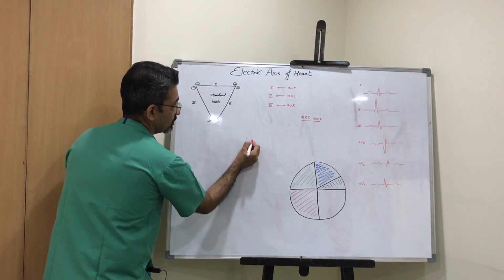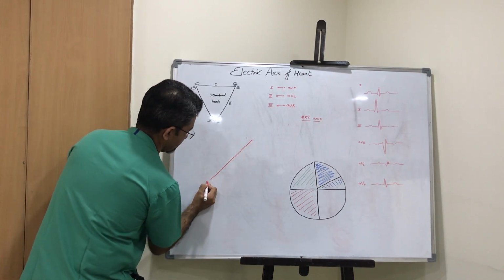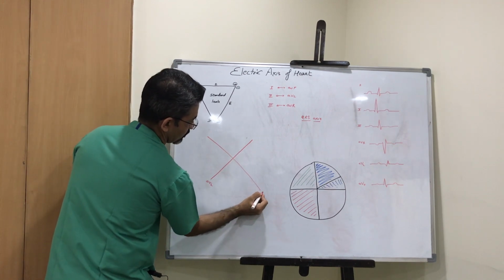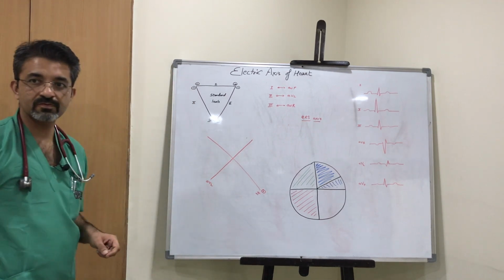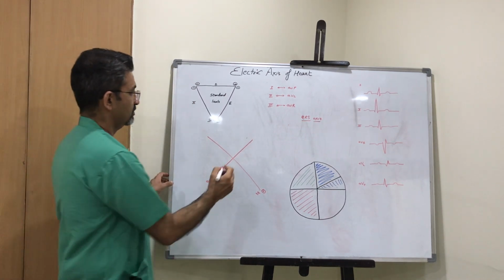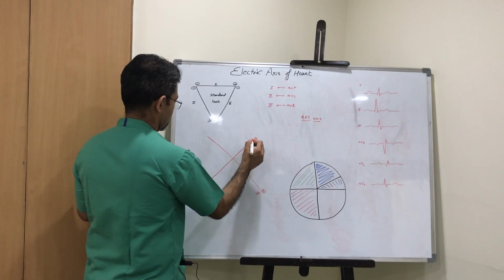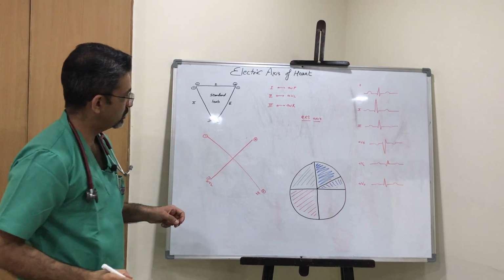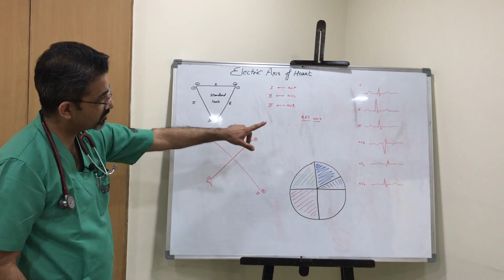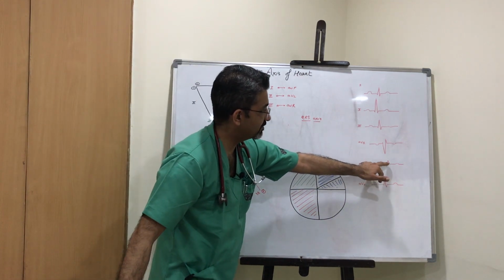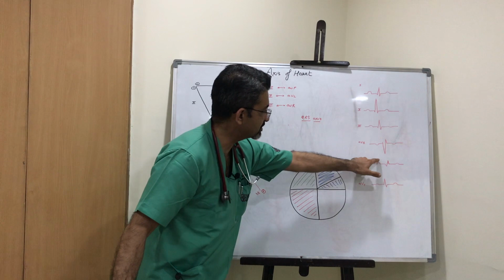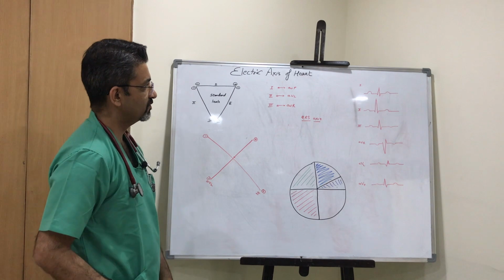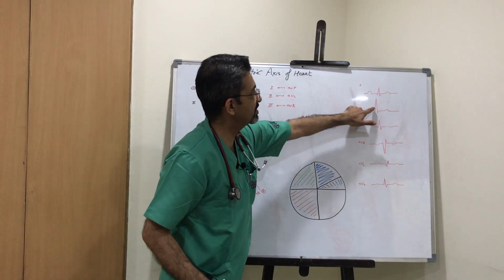See, this is my AVL, this is my lead 2. Positive, negative. So I have a QRS which is slightly positive. So there must be some positivity here. And when I see my lead 2, it's very nicely positive.